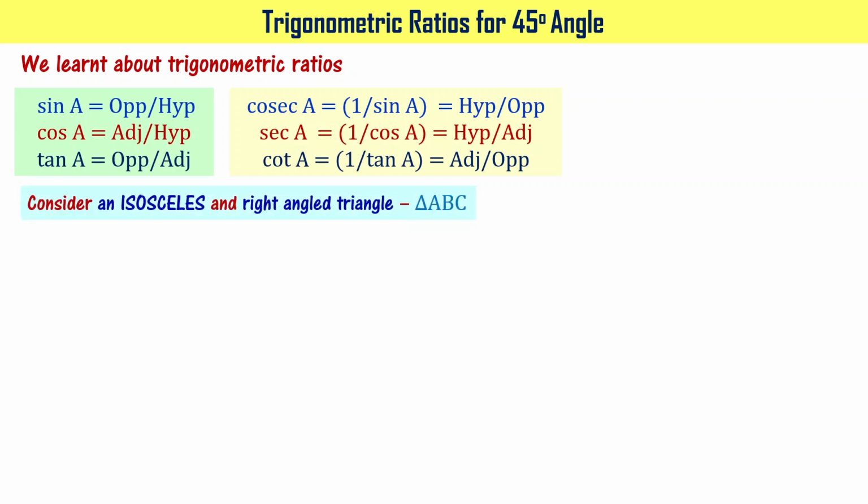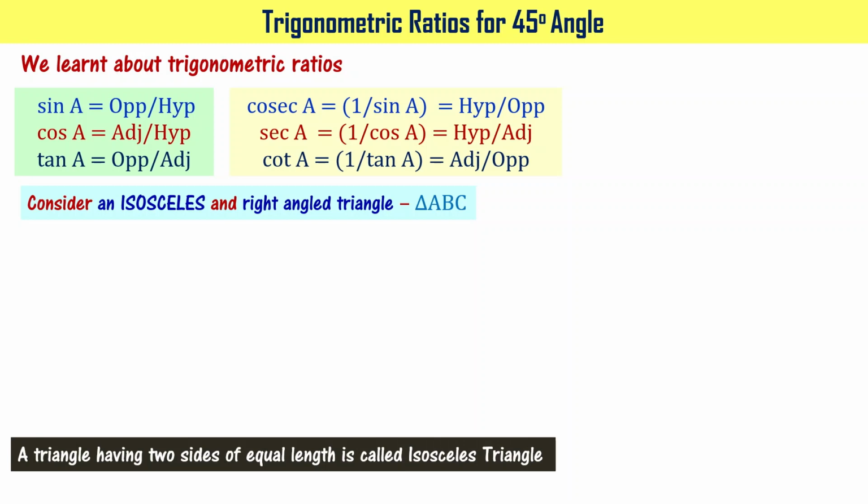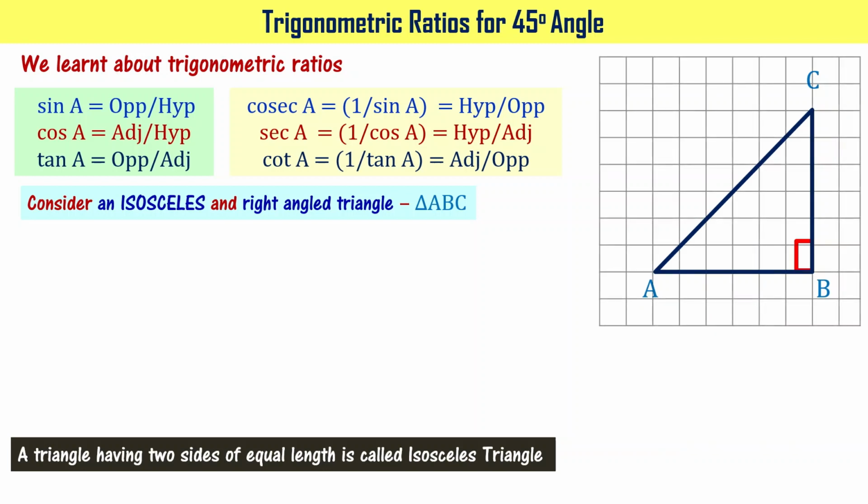Now let's consider an isosceles and right angle triangle, that is triangle ABC. A triangle having two sides of equal length is called an isosceles triangle, right? When you observe this particular triangle, you see that angle B is right angle, right? And if you take measure of AB and BC, both are equal to size A units, right?